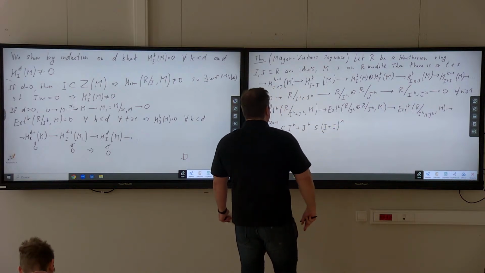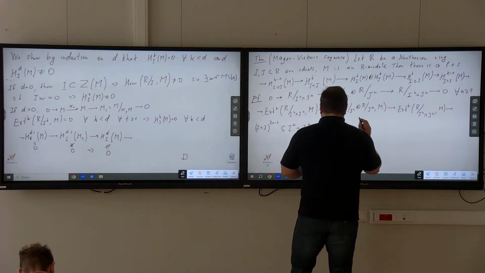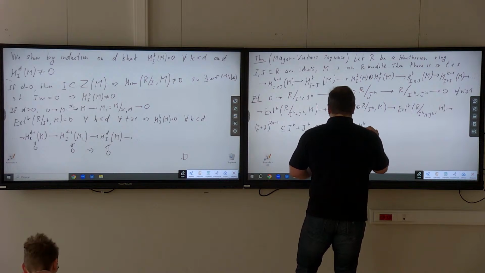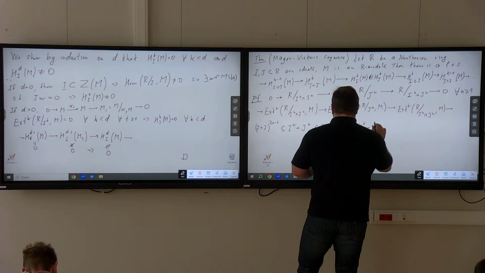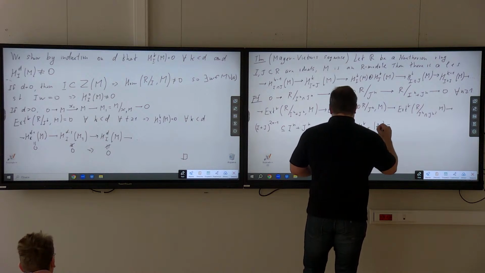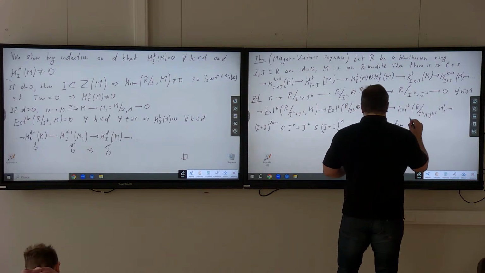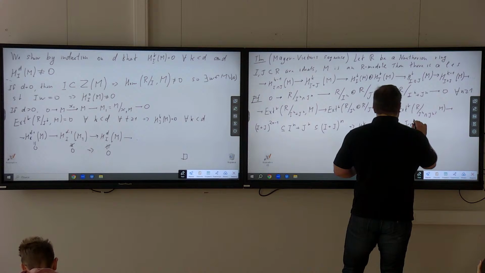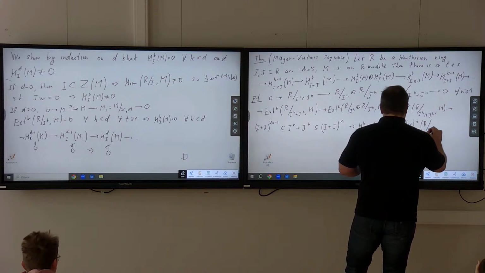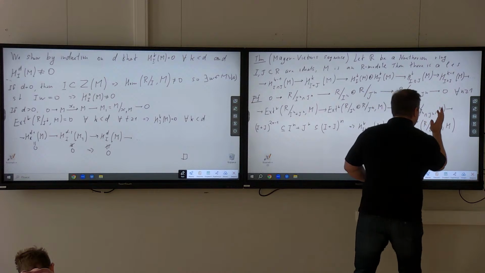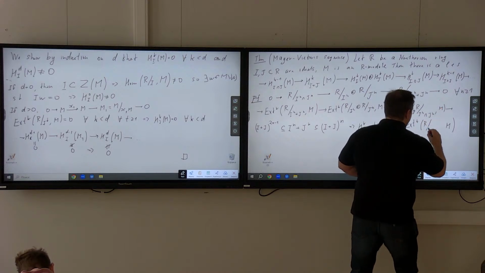Hence, by this argument with the cofinal systems, we can conclude that H^k sub I plus J of M is isomorphic to the limit of the Ext^k of R modulo I to the n plus J to the n, M. That's not really readable: I to the n plus J to the n.